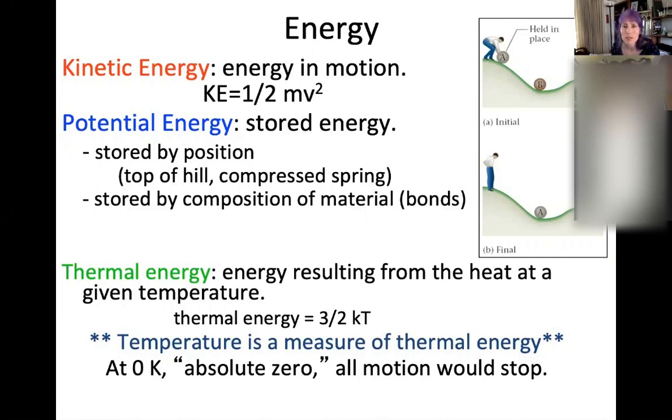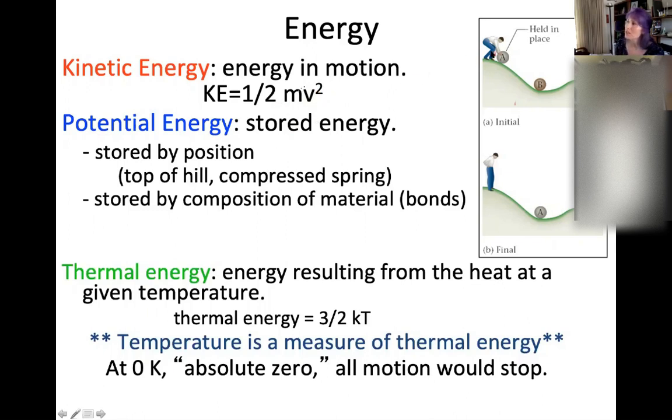That would be the V in the equation right here. It also depends on the mass, so that's the M. How much something weighs and how fast it's moving determine the kinetic energy. It has to be moving, it has to have a velocity.